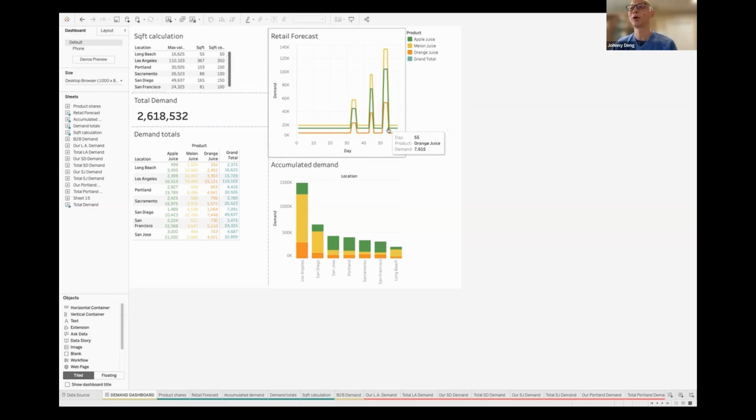This is a forecasting module that MonsoonSIM provides, but they download the data, translate it into Tableau, and this is what they did.